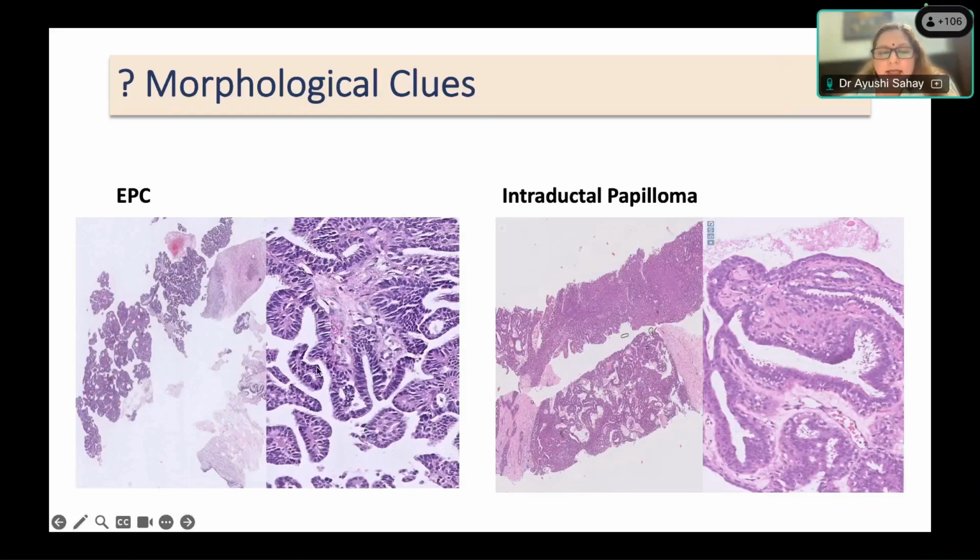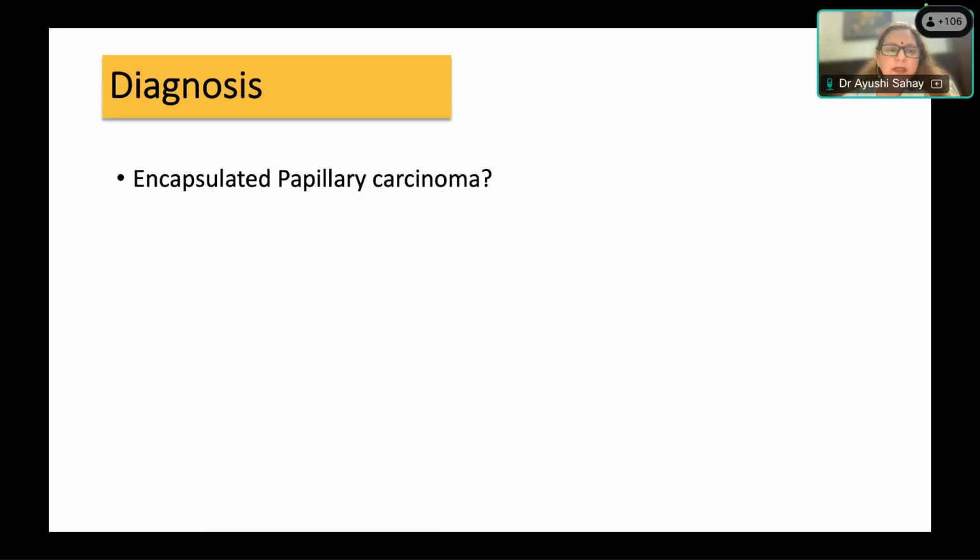And then as Harshita pointed out, there is atypia as well as absence of myoepithelial cells identified on high power, while in a papilloma you can see that it is much more monomorphic, and you can see clear myoepithelial cells lining all the papillary fronts. So you can make out that it is bilayered. So these morphological clues can help you differentiate from a papilloma and from a papillary DCIS or encapsulated papillary carcinoma.